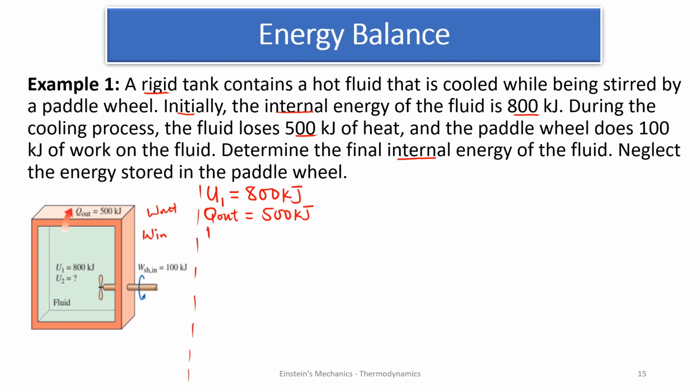So we have work in to be 100 kJ. Now determine the final internal energy. I told you we have initial, so we are going to determine the final, which will be U2. So these are our parameters which will help us solve the question.